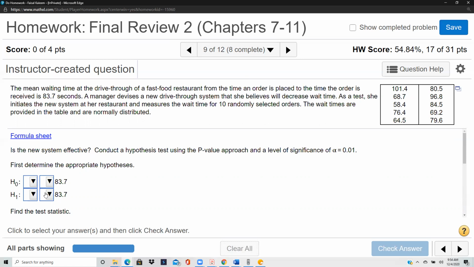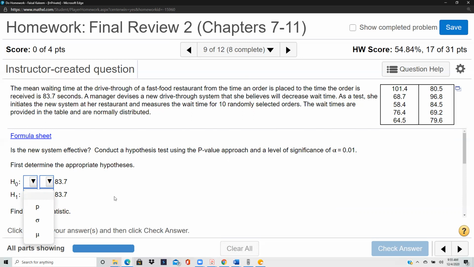So here you also have to pick the symbol. What are we testing? Proportion, standard deviation, or mean? Mean, because it's telling about the mean waiting time. Which is the symbol for mean?